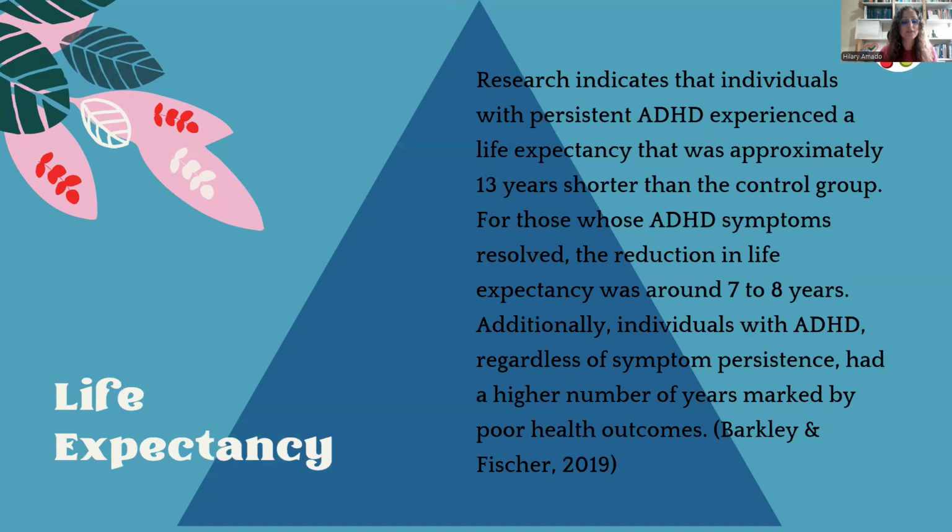In terms of life expectancy, research indicates that individuals with persistent ADHD experience a life expectancy that was approximately 13 years shorter than the control group. For those whose ADHD symptoms were resolved, the reduction in life expectancy was around 7 to 8 years. Additionally, individuals with ADHD, regardless of symptom persistence, had a higher number of years marked by poor health outcomes.